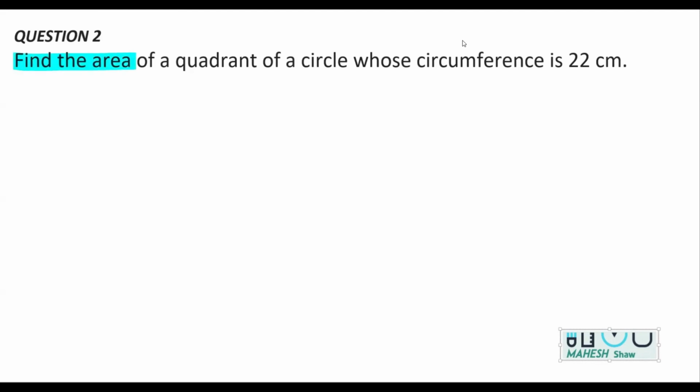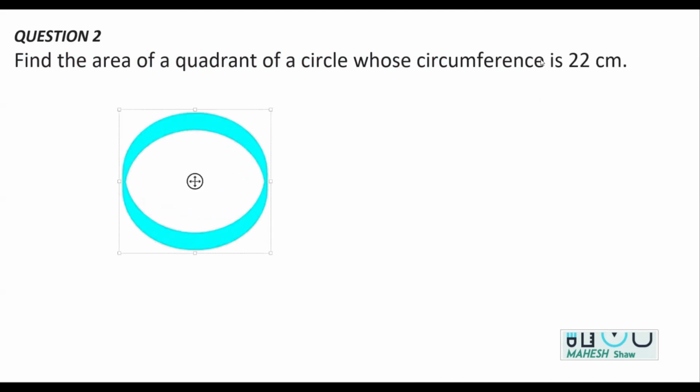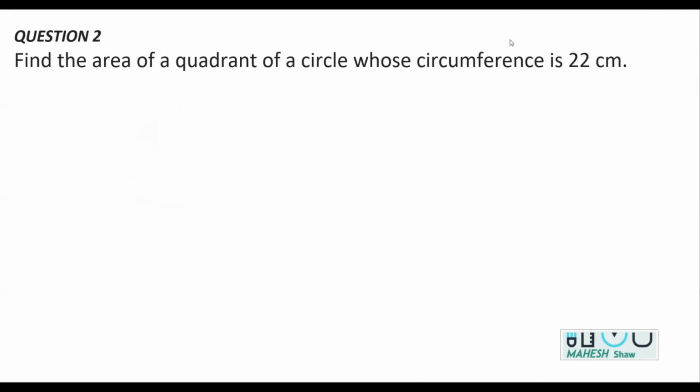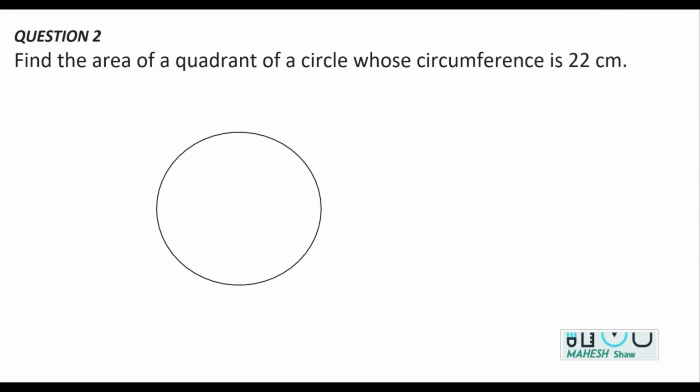The next question is: find the area of the quadrant of a circle whose circumference is this. So what is a quadrant? A quadrant is a sector. Let me draw this a big one. Right, so a quadrant is a sector whose central angle, so this is the center, I make a quadrant.